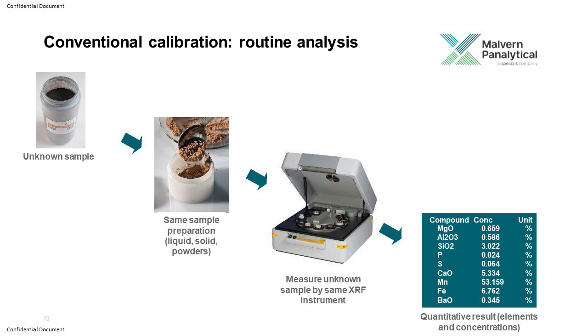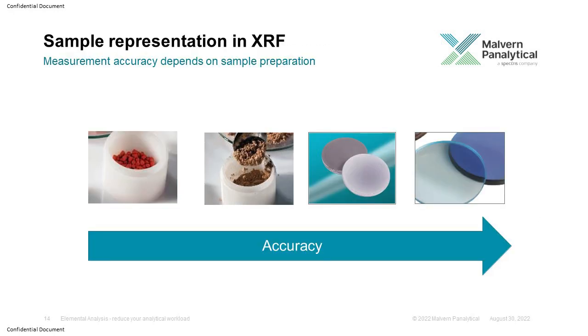Of course, the accuracy of your results depends on sample preparation. If your sample is more coarse, not fine ground, and you are measuring as a loose powder, then you get low accuracy. If it's a fine ground powder and you are measuring as a loose powder, then you get better accuracy.